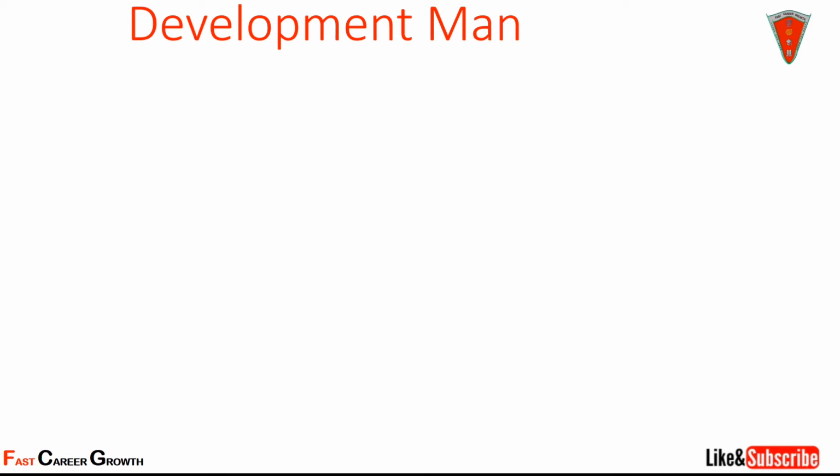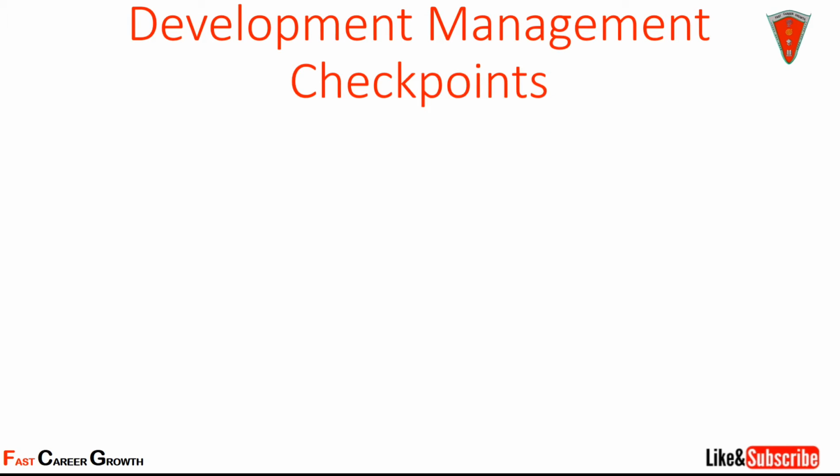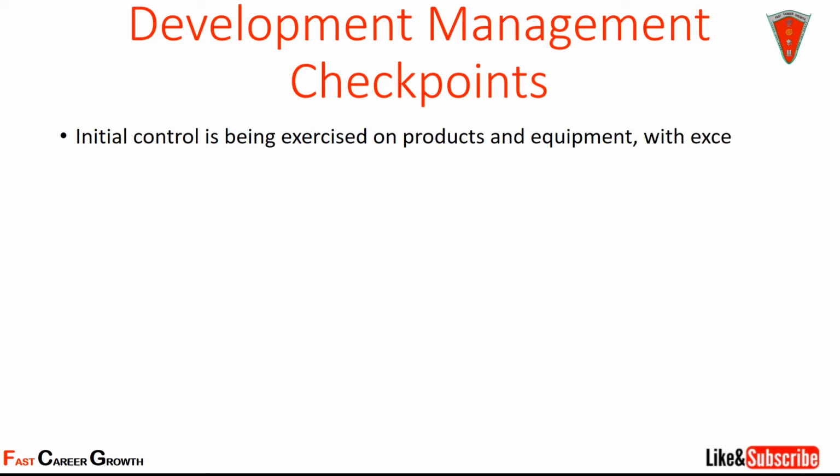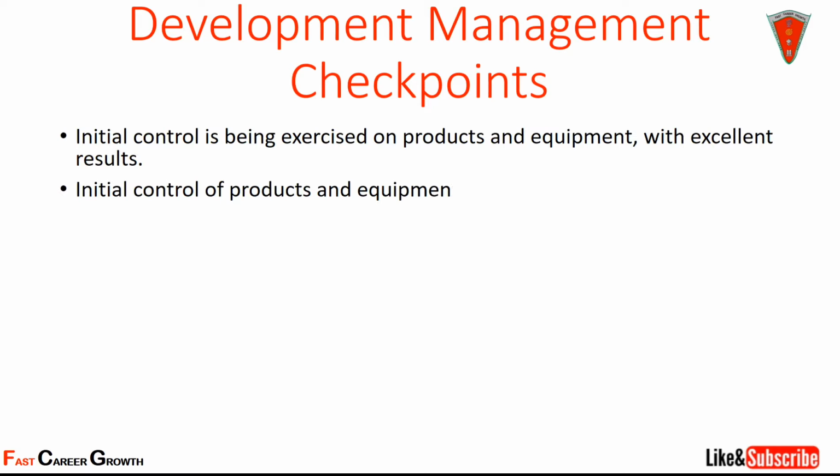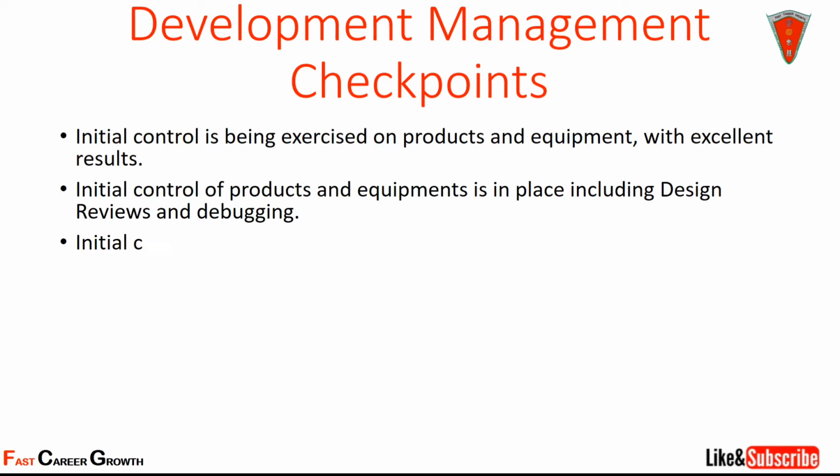So what are the checkpoints of the development management pillar? Initial control is being exercised on products and equipments with excellent results. Initial control of products and equipments is in place, including design reviews and debugging. Initial control of products and equipment has well-defined control items and yardsticks.